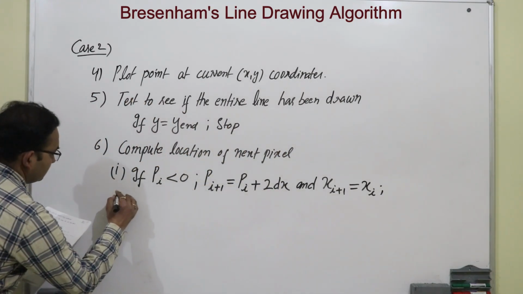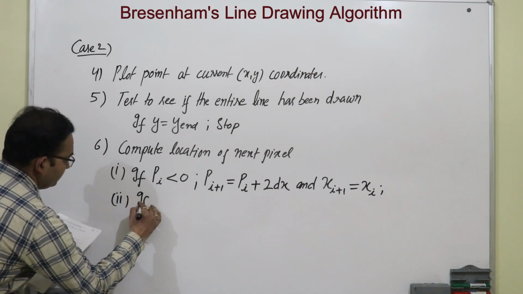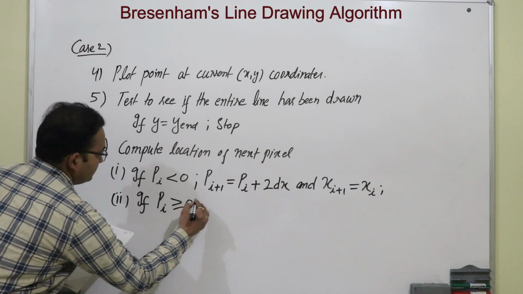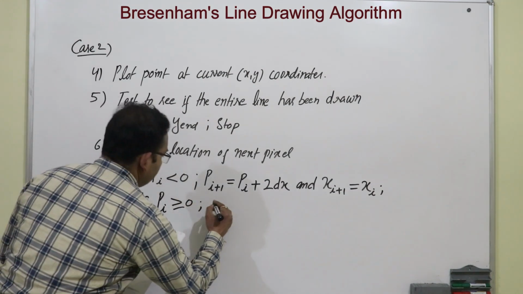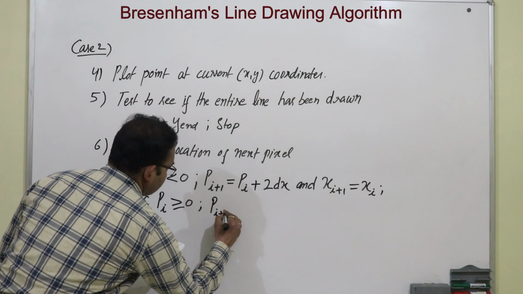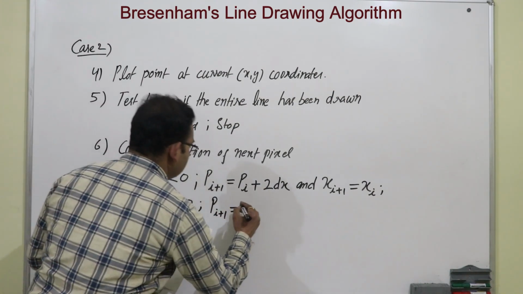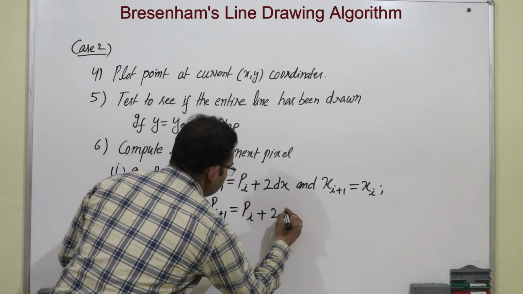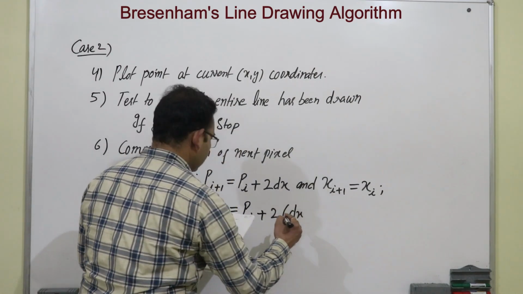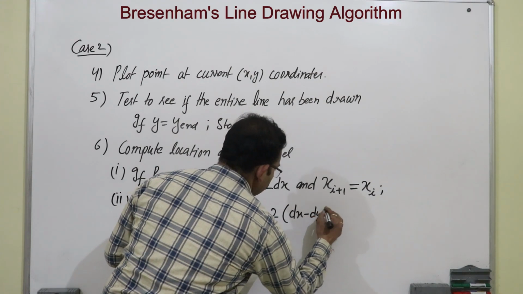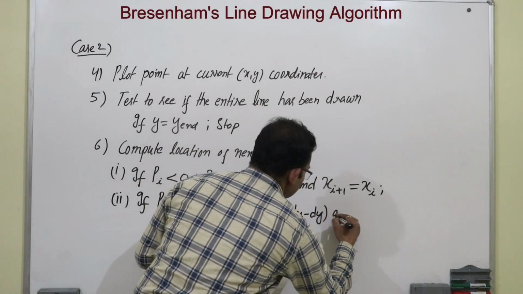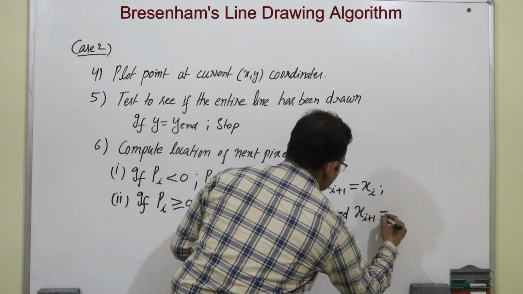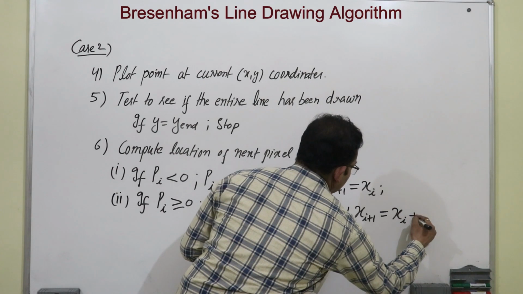Second, if pi greater than or equal to 0, then pi plus 1 equal to pi plus 2 dx minus dy and xi plus 1 equal to xi plus 1.